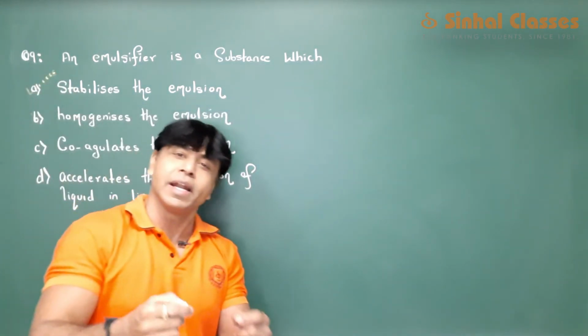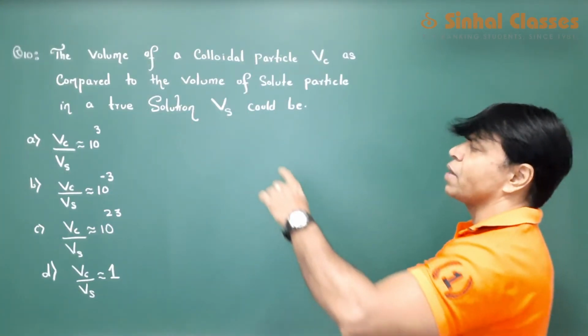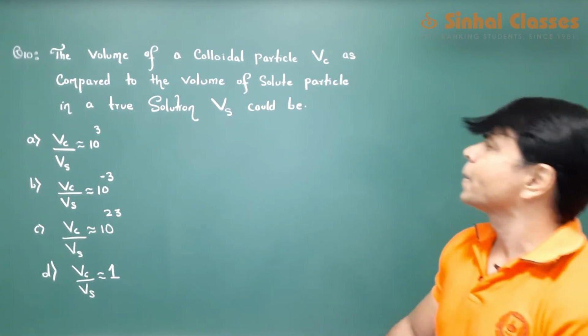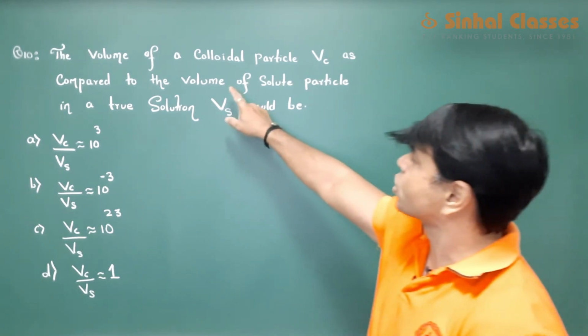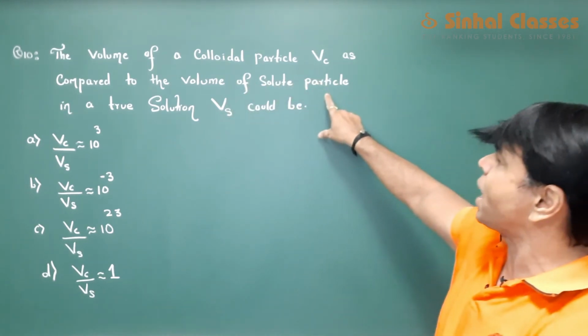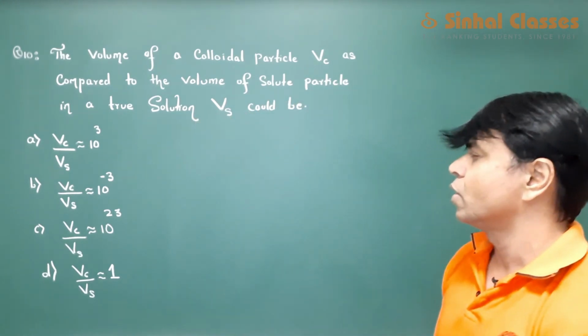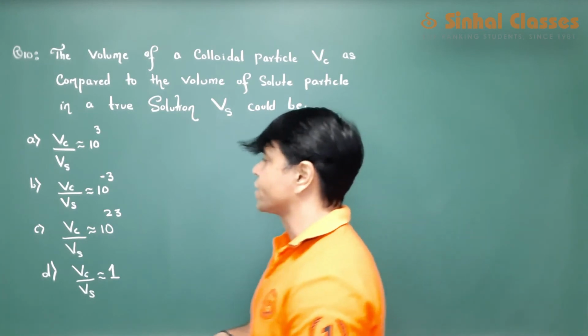Let's go for the next question. The volume of a colloidal particle as compared to the volume of the solute particle in a true solution, Vs, would be, what is the relation?